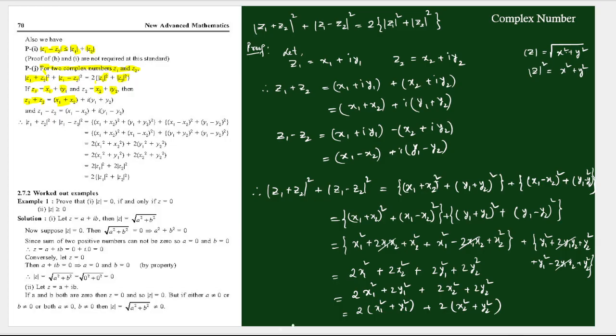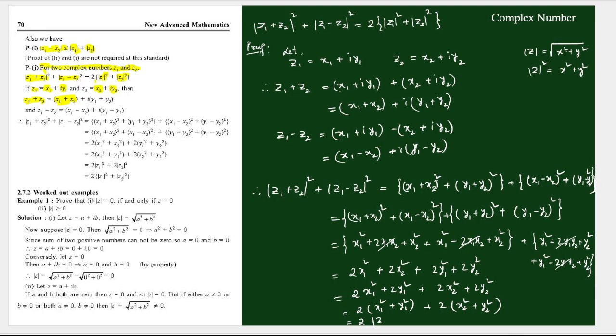Okay, now x1 square plus y1 square, that means this is x square plus y square, and this is nothing but your z square. That means this will be your modulus of z1 square and this will be your modulus of z2 square. Okay, and from here you can take 2 common. So modulus of z1 square plus modulus of z2 square, and this is nothing but your right hand side.